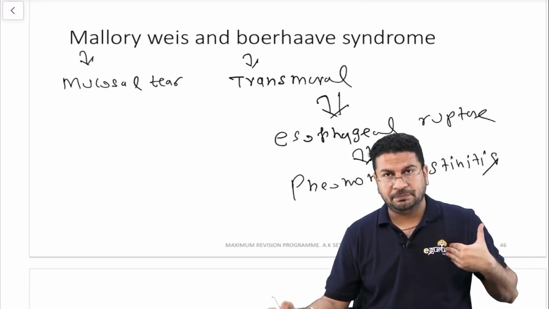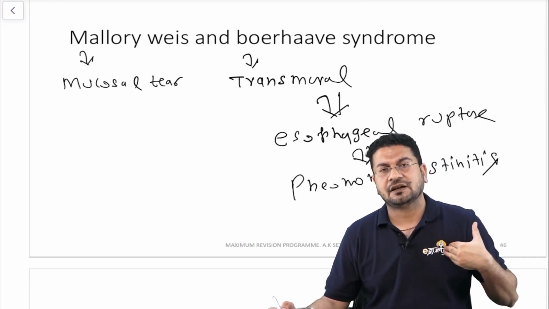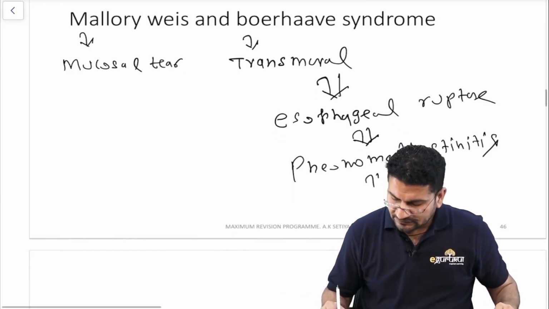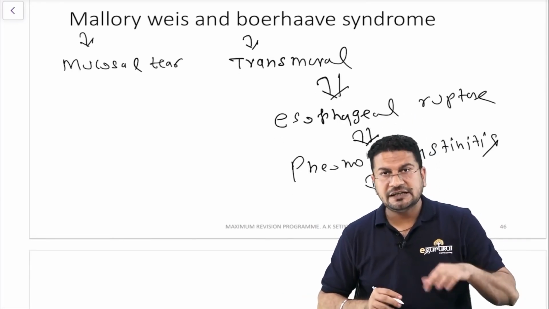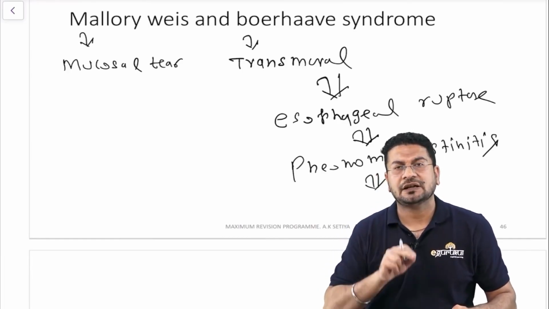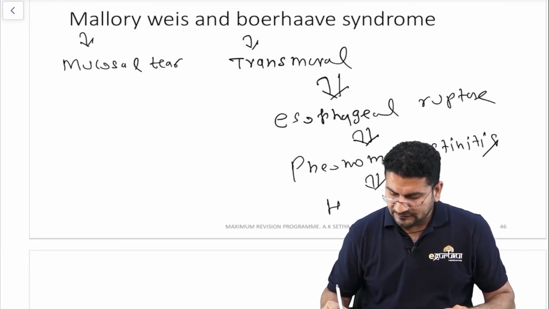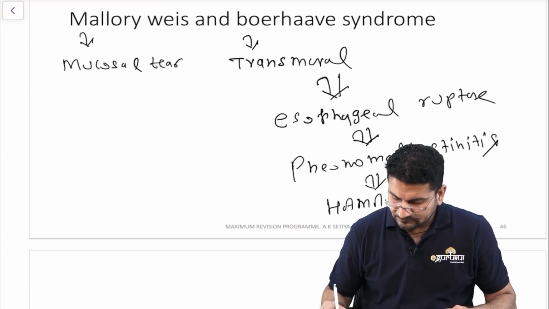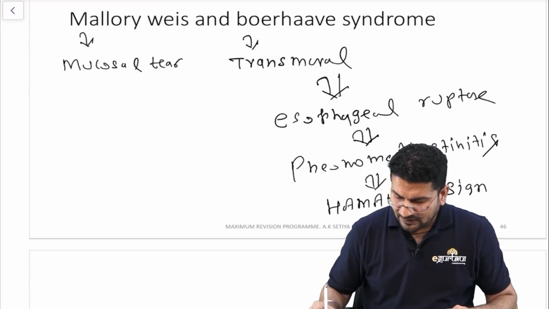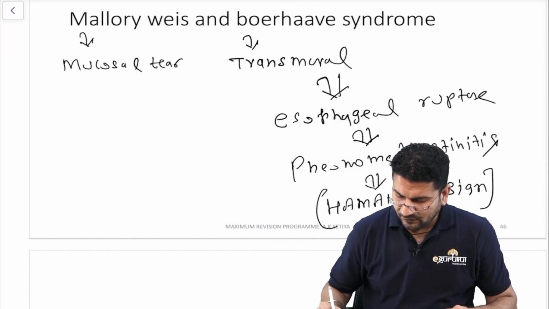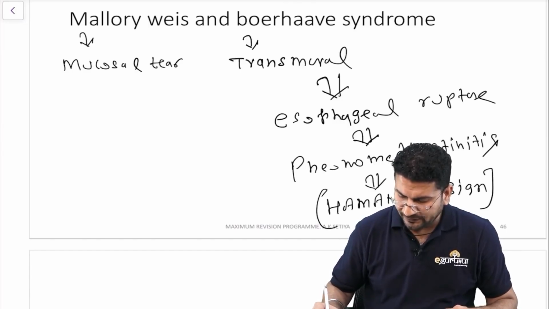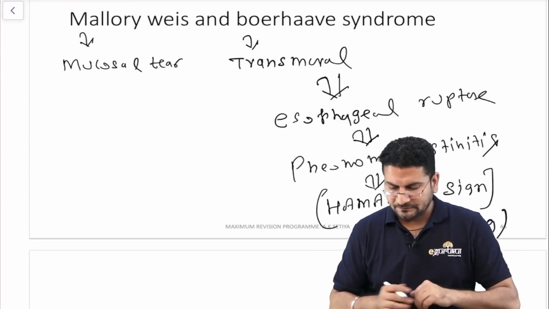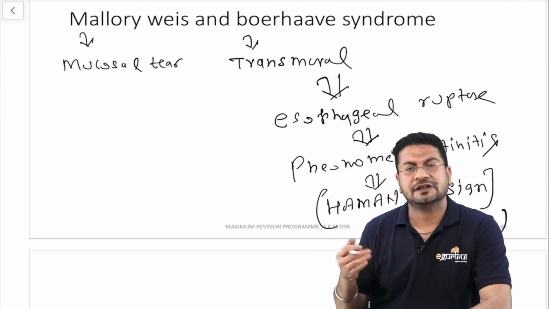On palpation and auscultation, this patient will have a crunching sound, like a lady walking in high-heeled boots on ice. We call this Hamman sign. In other words, Hamman sign or crunching sound, like you are eating kurkure. Crunching sound, Hamman sign. These are seen when there is rupture of esophagus.